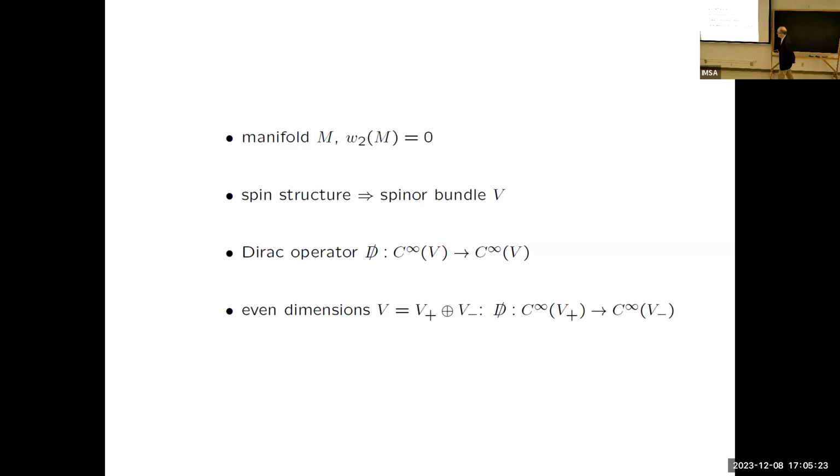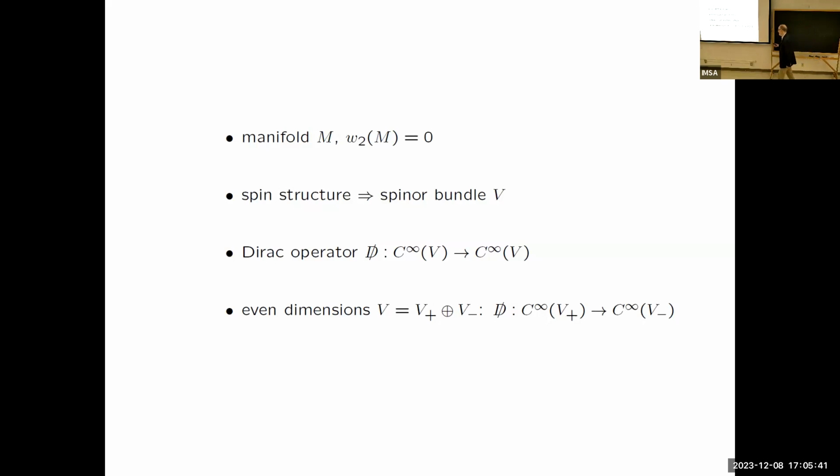And in even dimensions, this space of spinors splits up into what nowadays we would say positive chirality and negative chirality spinors, the plus part and the minus part. And the Dirac operator goes from one to the other.